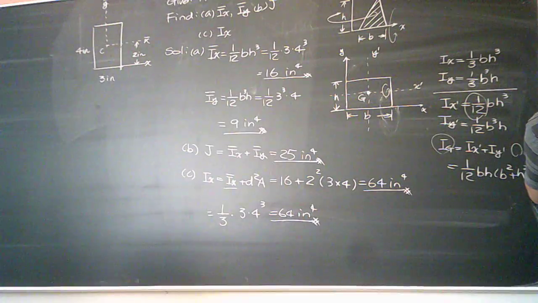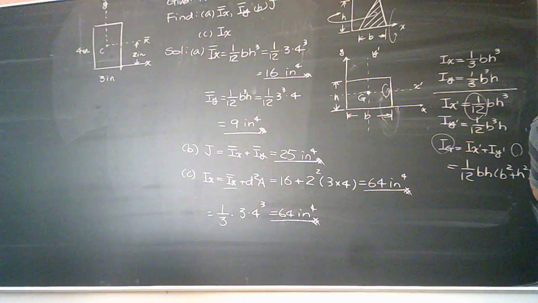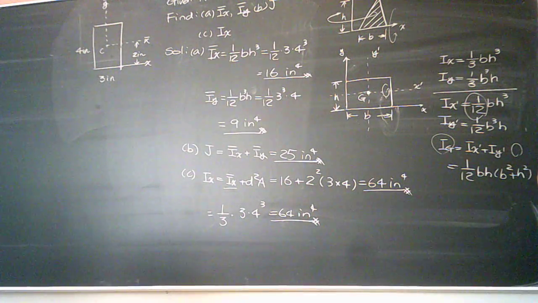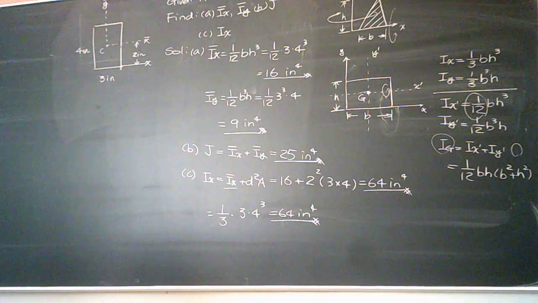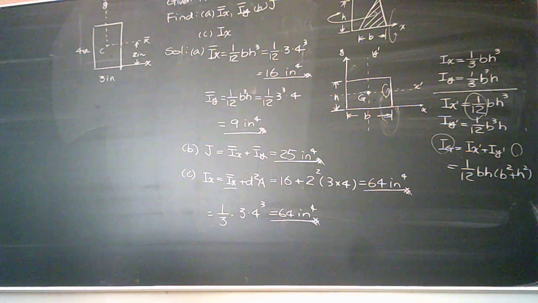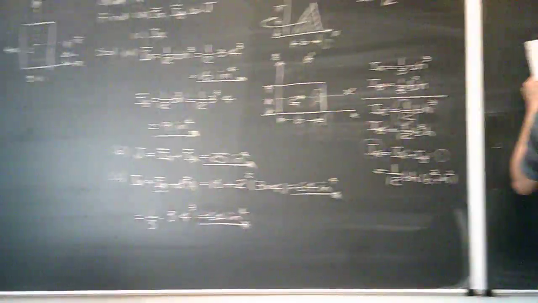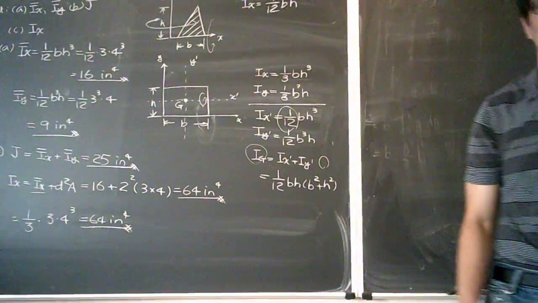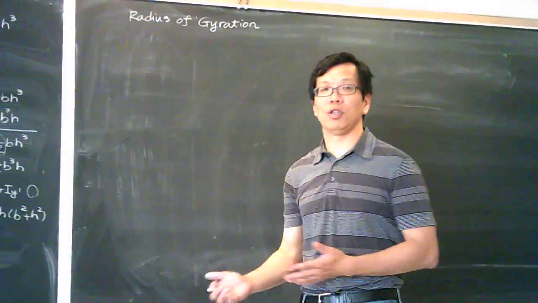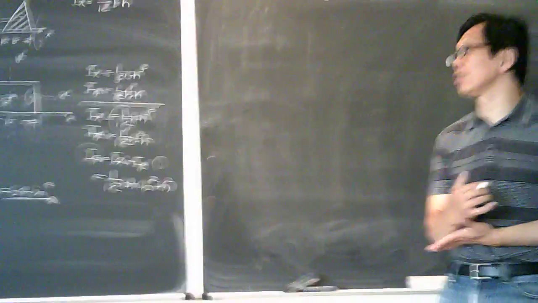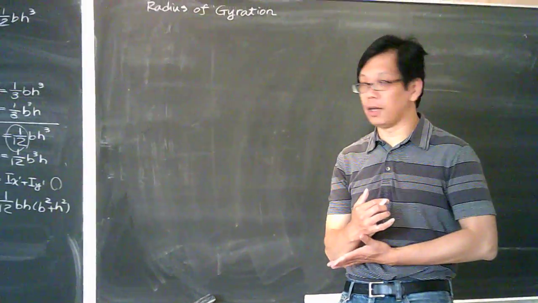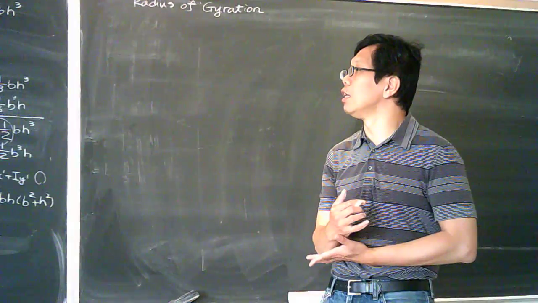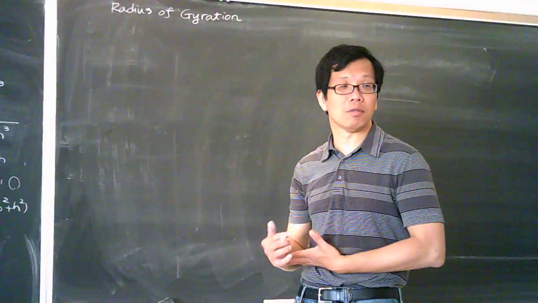Okay, and the next thing I'm going to talk about is radius of gyration. So we talked about the moment of inertia, and we talked about the parallel axis theorem.